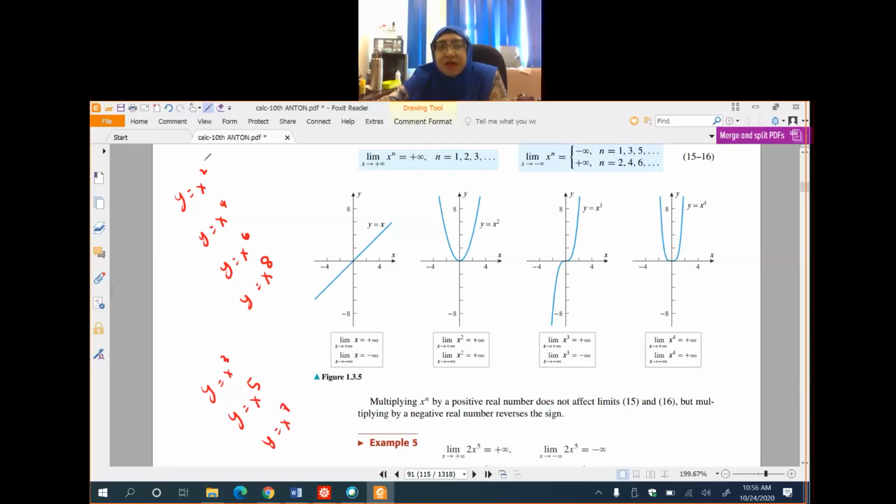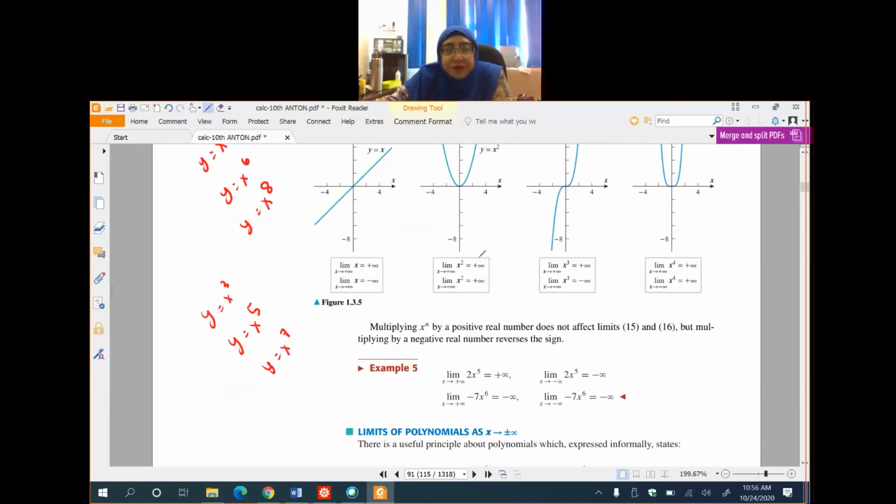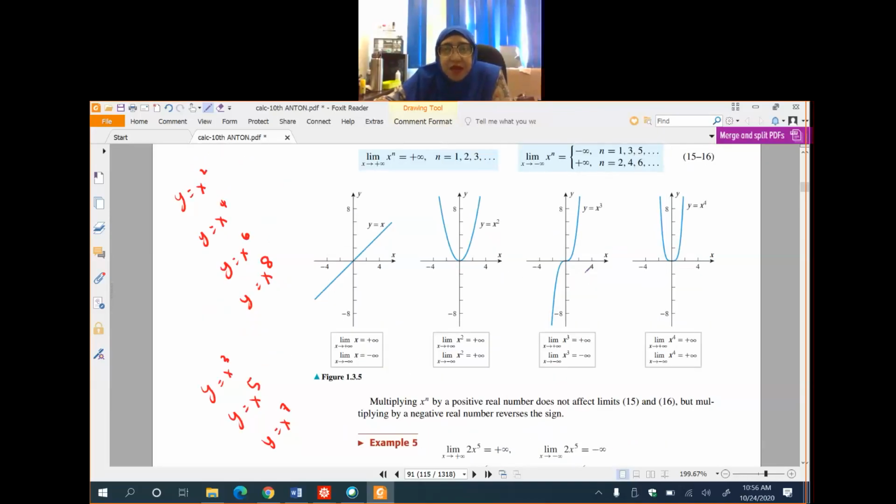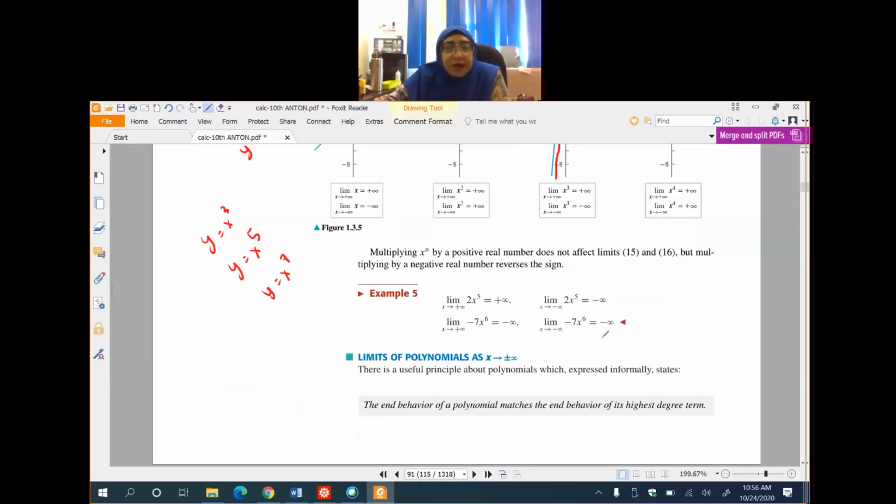So for the odd orders, they are the same. For the even orders, they are also similar. Okay, so we expect that the graph for y equal to x to the power of 5 will be something like this. Will be similar to y equal to x to the power of 3. So the shape will be something like that. Okay, is it okay? Okay, good.